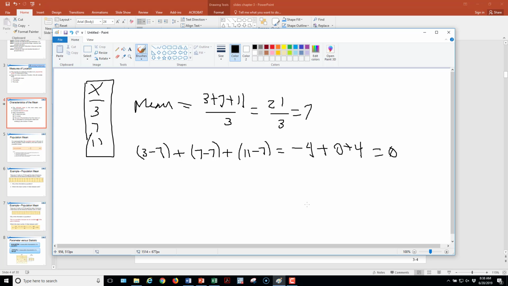So that is a characteristic of a mean. It doesn't matter how big the sample or how small the data set is, you get the same result.